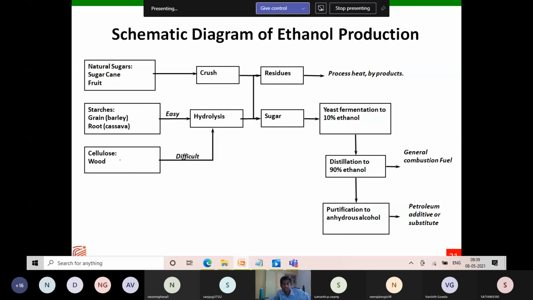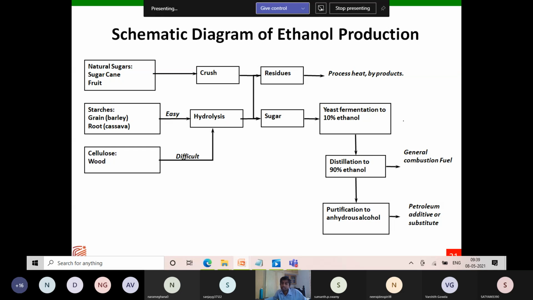Cellulose wood is the other feedstock, which is more difficult. It is also broken, crushed, or ground and subjected to hydrolysis, which gives out sugar. Then it is subjected to fermentation with the help of yeast microbe, which uses zymase, the catalyst or enzyme, which helps in conversion to 10% ethanol.